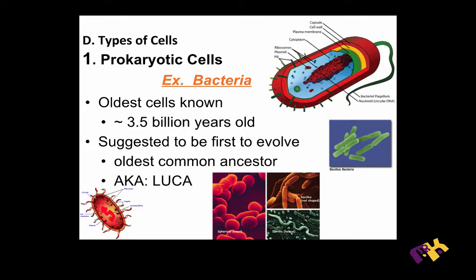If we were to look at all life on Earth and its last universal common ancestor, we should, in theory, be able to trace it all the way back to a prokaryotic cell. The first living thing on this planet that had all the qualifications of being living was a simple, single-celled prokaryotic cell. Simple bacteria or something.